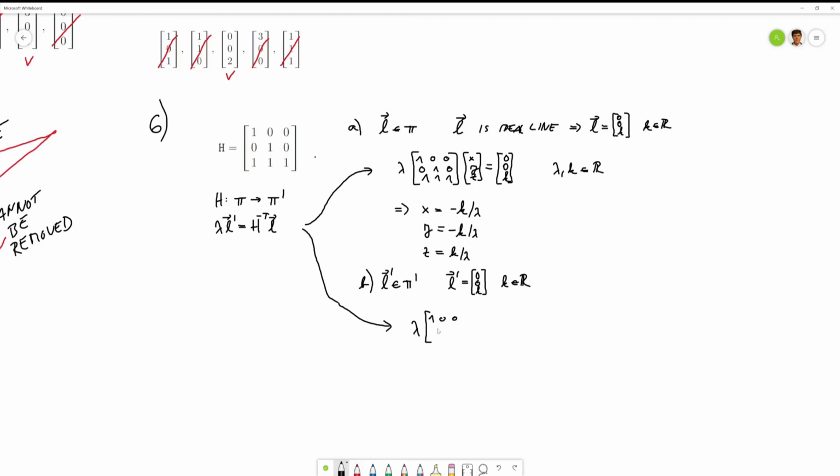Here is again a mistake because the matrix is not transposed, times 0 0 and some real number, which is the representation of L prime, and it will give us the coordinates of its preimage x, y, z. So in this case, x, y, z is lambda times k for all three variables.